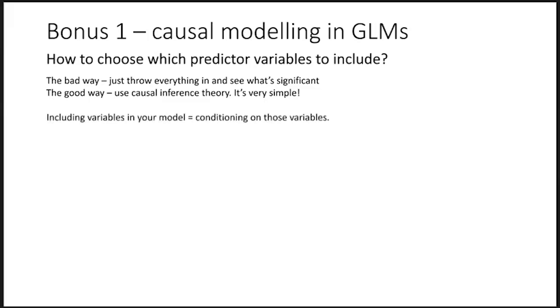The first thing we need to remember is that when we include a new variable in the model, it's as if we're conditioning on that variable. It's as if we're taking care of that variable, and all the other variables will get their effects after conditioning on that variable.